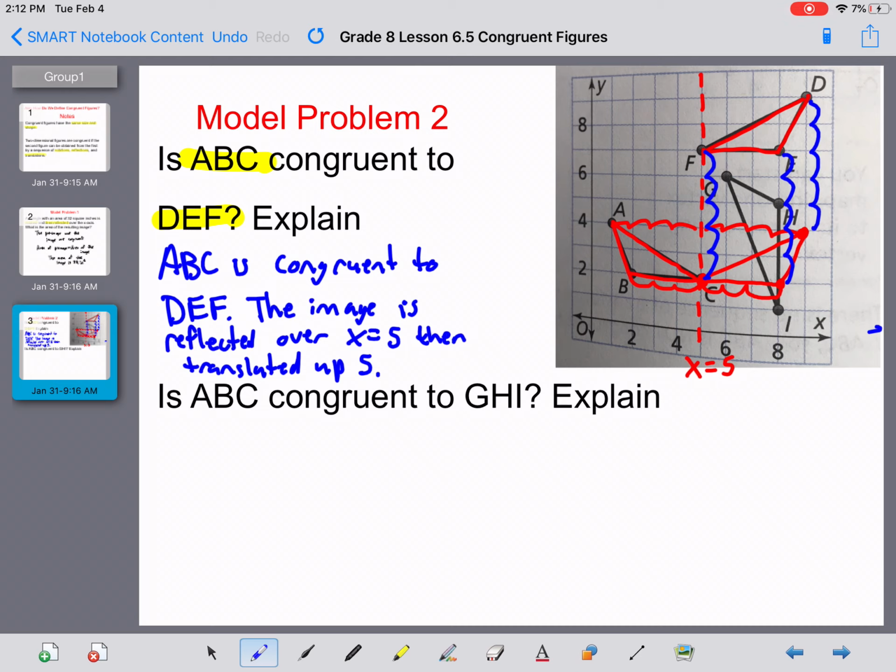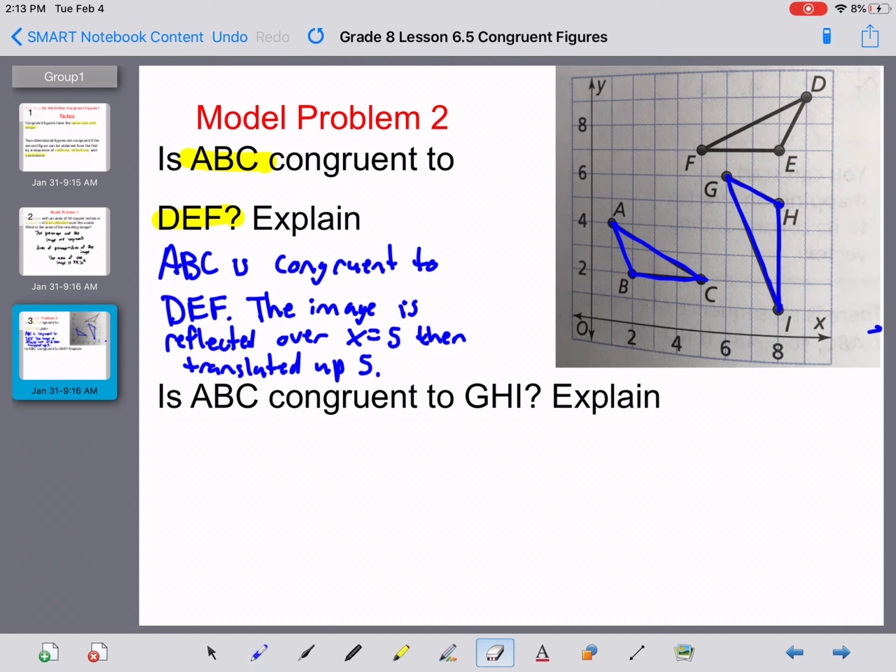So I'm going to look at my two images for that one. So I'm still starting with ABC, but I need to see if ABC is congruent to GHI. When you're doing these problems, you have to see how you can translate from one image to the other image.